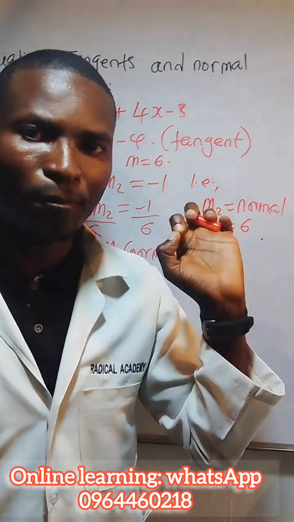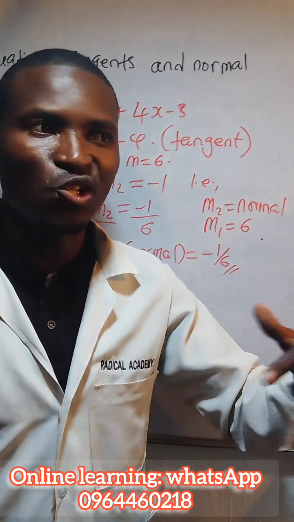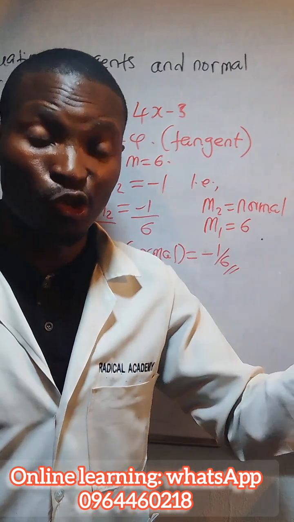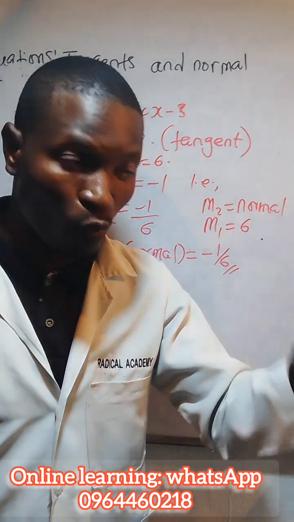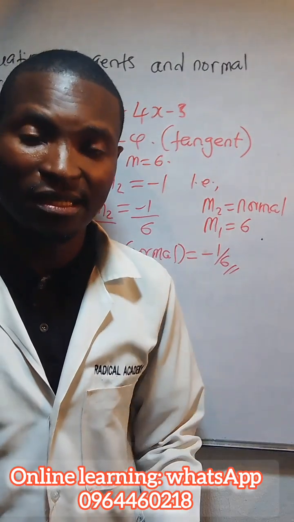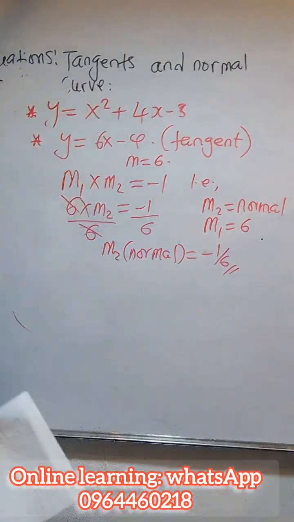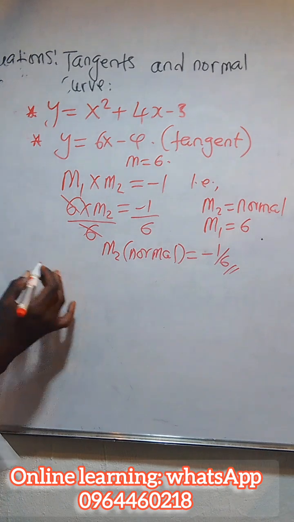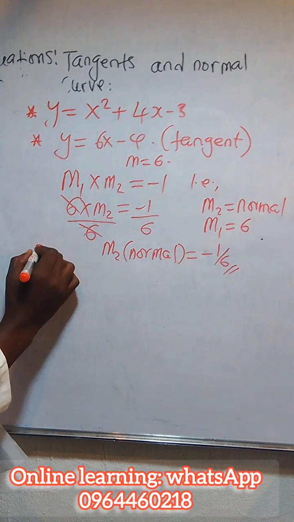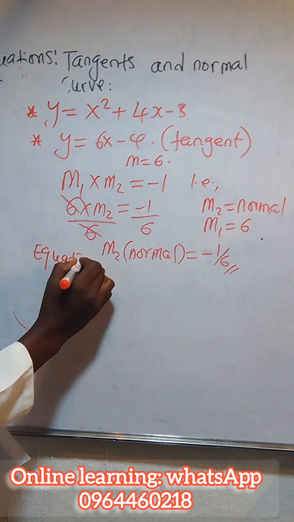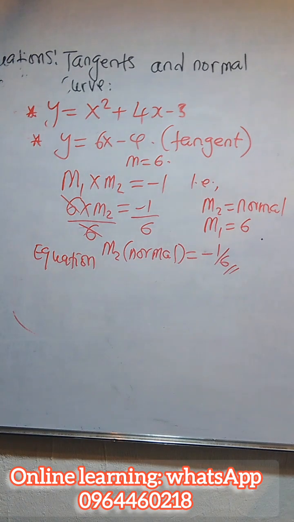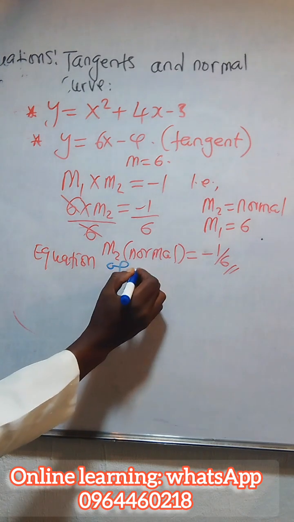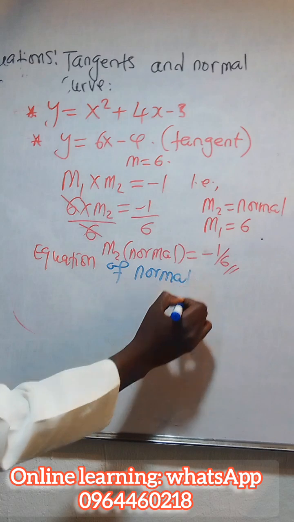Because they are passing through the same point, where they make the perpendicular to each other, we are going to use the same point, 1, 2, that they are both sharing. So the equation of the normal.